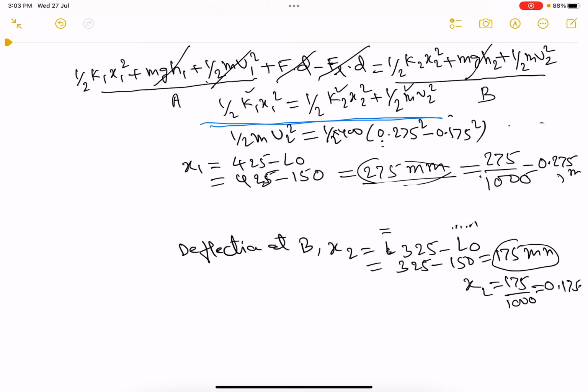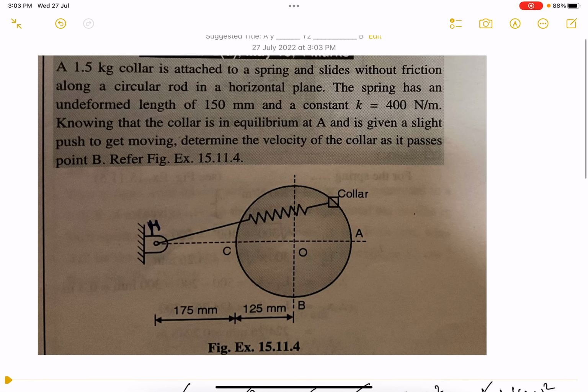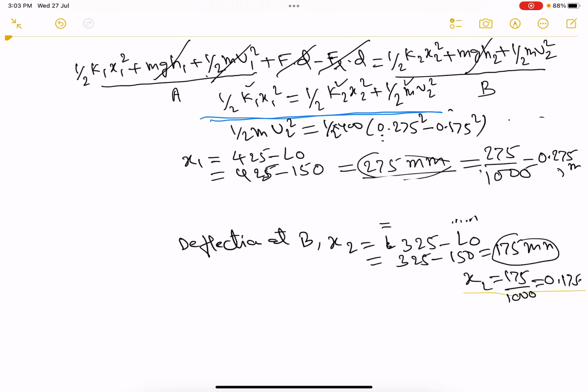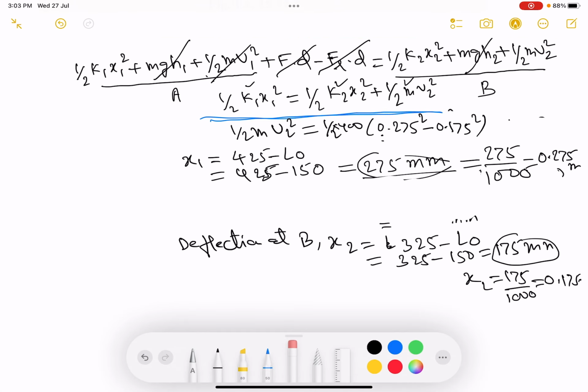And m is the mass of the collar, which is 1.5.